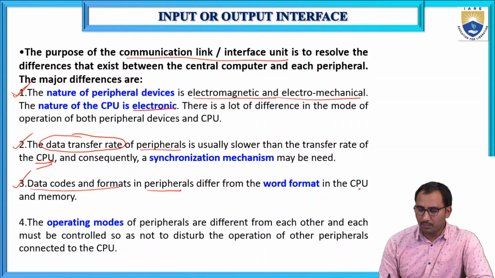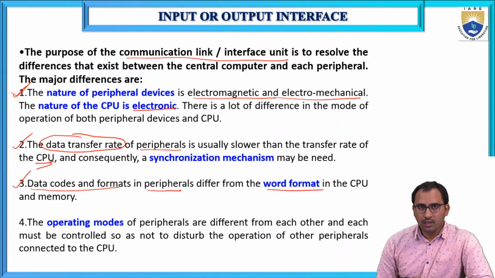And for the CPU, the format is the word format. Suppose your computer has a 64-bit processor, then the word size is 64. Similarly, if the computer has a 32-bit processor, then the word size is 32. So that is the word format.